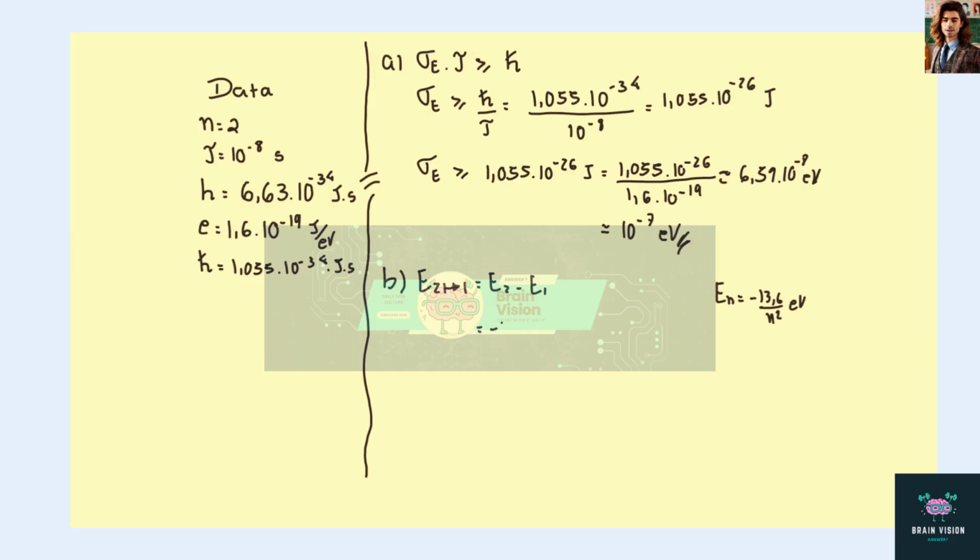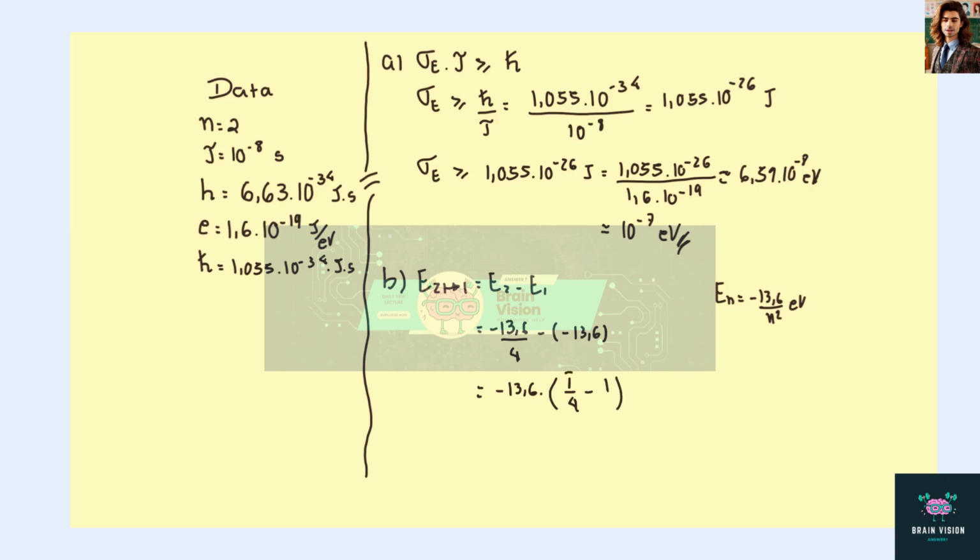E2 is minus 13.6 divided by 2 squared, which is 4. And E1 is minus 13.6 divided by 1 squared, which is 1. We have two minuses multiplying, so it becomes a plus. So we can write it as minus 13.6 times 1 over 4 minus 1.